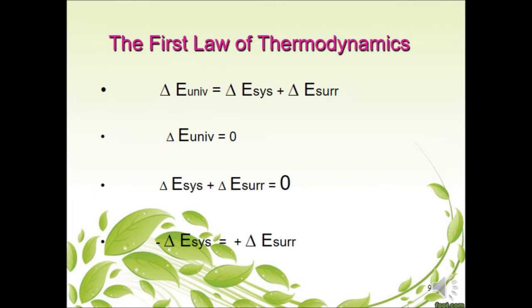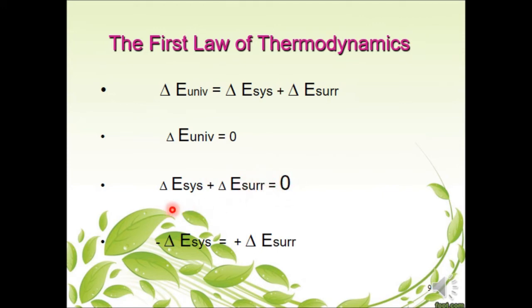Now, according to the first law of thermodynamics, we can write this relationship here. The change of energy of the universe is equivalent to the sum of the change of energy of the system and the change of energy of the surrounding. When we say total energy is constant, it means zero for the universe. So the change of energy of the system and the change of energy of the surrounding will be equivalent to zero.